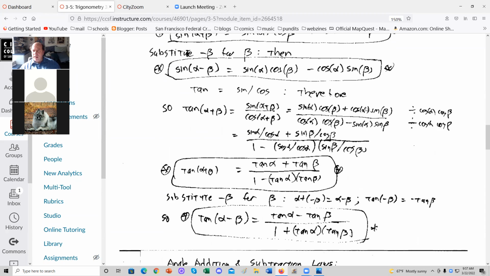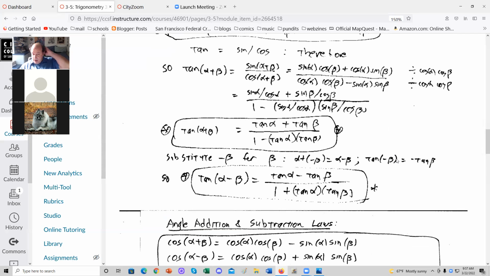All the cosines cancel, and all the sines become sine over cosine, which is tangent. We get sine alpha over cos alpha plus sine beta over cos beta, all that over 1 minus sine over cos times sine over cos. But these are tangents, and so tangent of alpha plus beta is tan alpha plus tan beta, all that over 1 minus tan alpha tan beta. So that's the tangent of a sum rule.